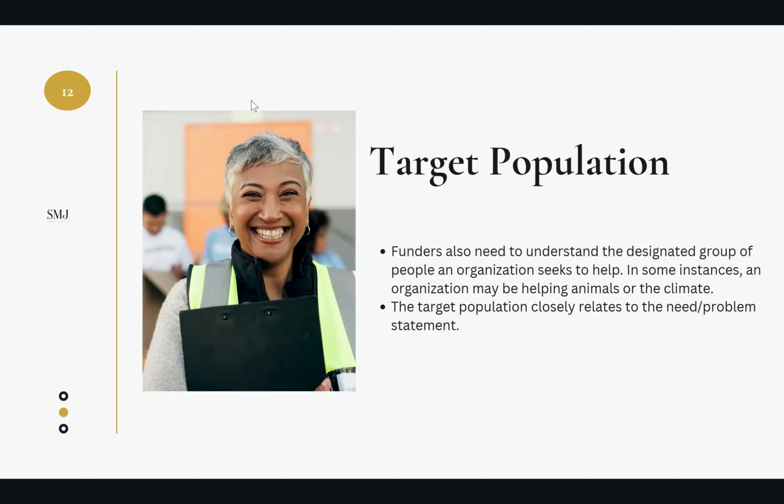In some grant applications, they may have questions that specify the applicant to talk about a problem. And sometimes there may be questions that explicitly ask the organization to describe its target population.